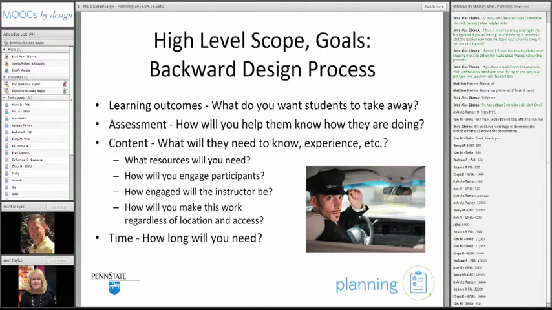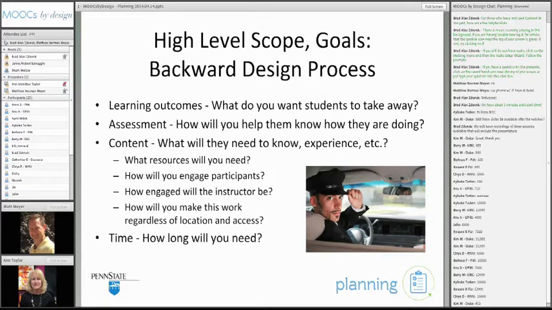The process that we tend to use at our institution is one we call, and others call, backward design. One of the things that we tend to hear a lot when we're working with someone who's new to developing an online course is, they'll come to us and say, I really want to do this online course. And we say, well, tell me about it.